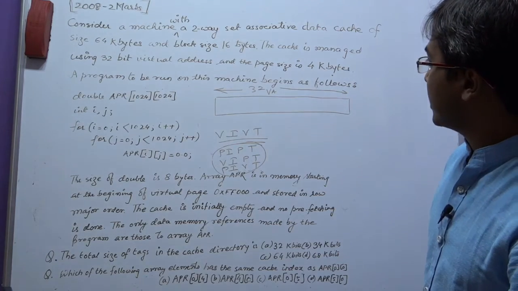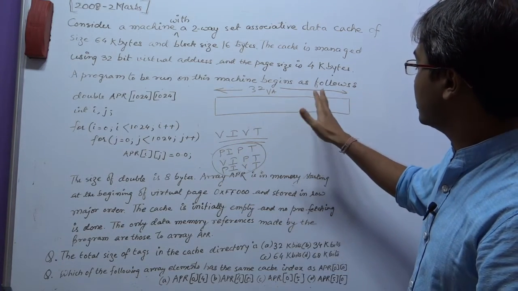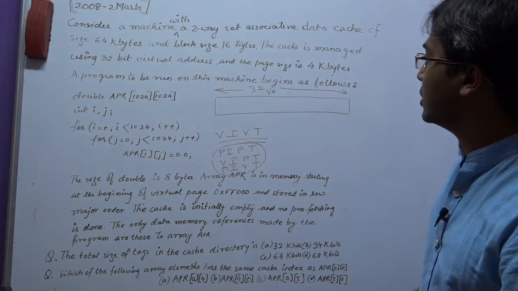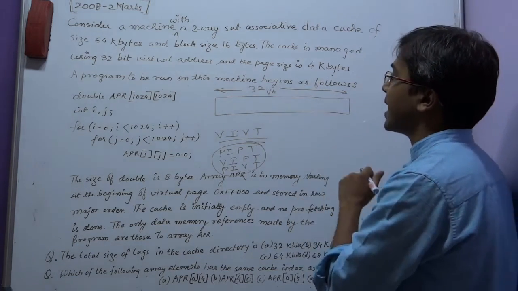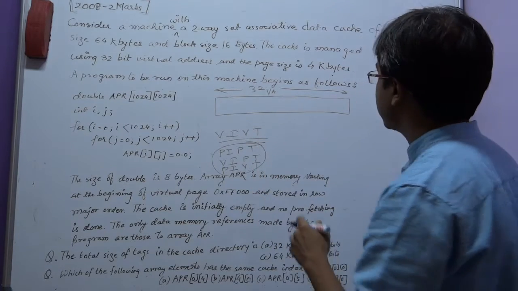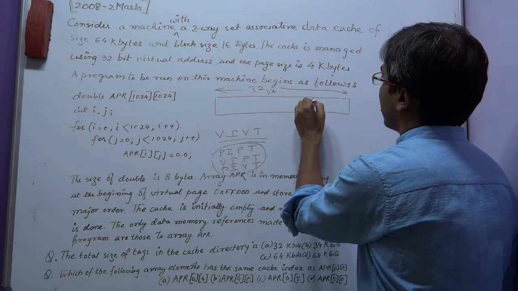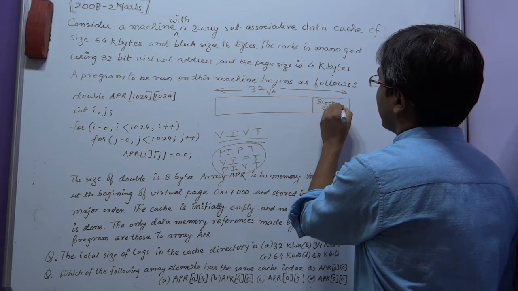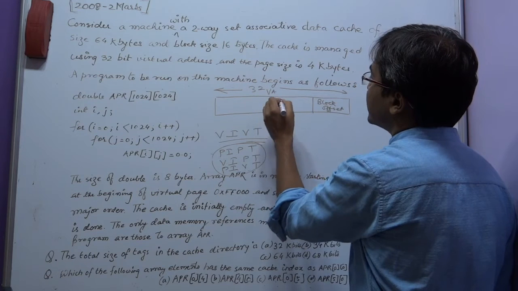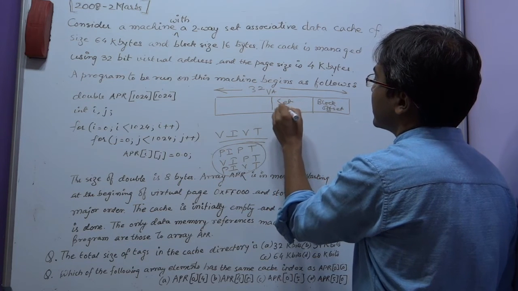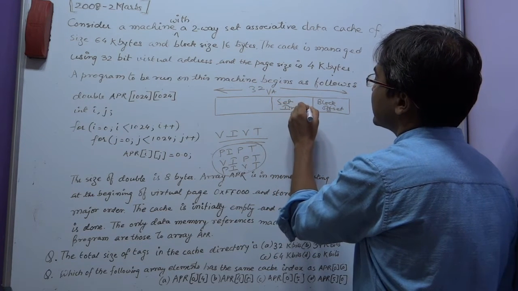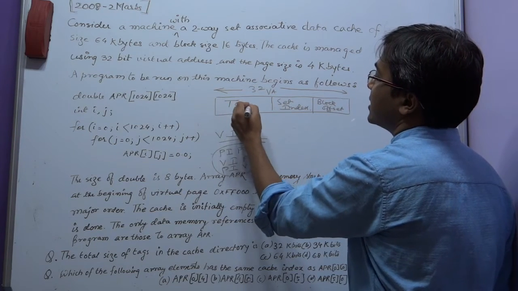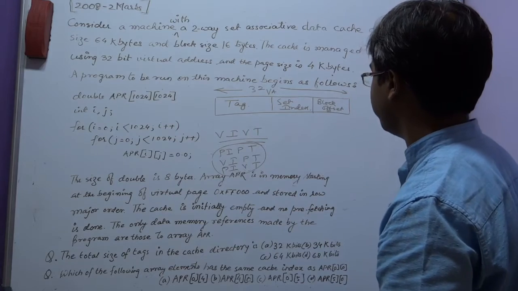Well, let us now find out the different fields of the virtual address and the width of the different fields. The virtual address can be divided into three fields: first is known as the block offset, and as it is a set associative cache, the next set of bits is known as the set index, and the remaining bits in the virtual address are the tag bits.